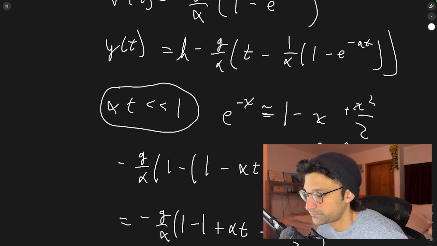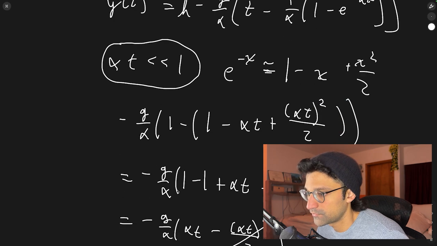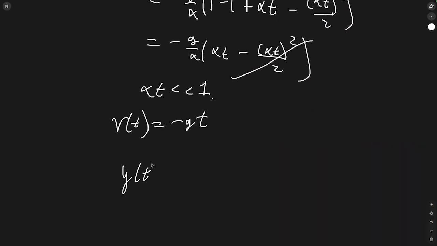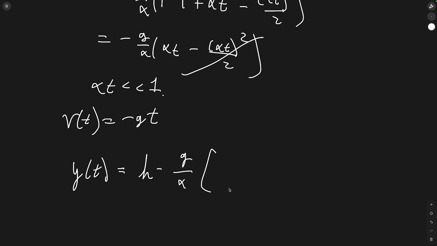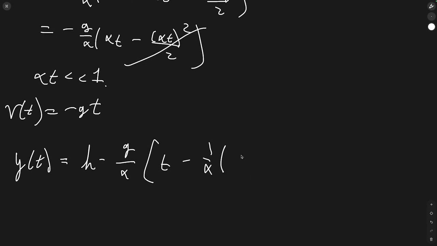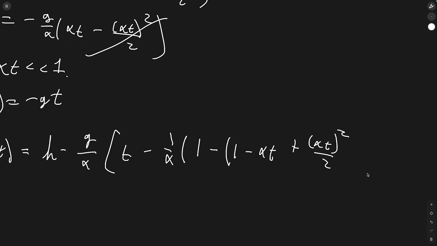So we have y of t equals h minus g over alpha times t minus 1 over alpha times 1 minus alpha t plus alpha t squared over 2.